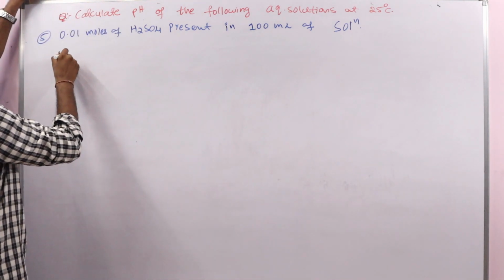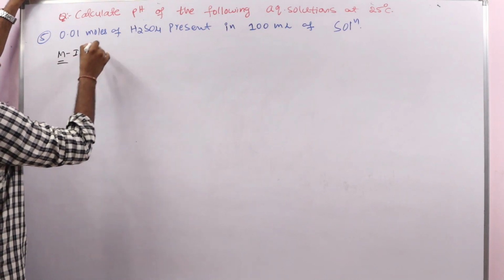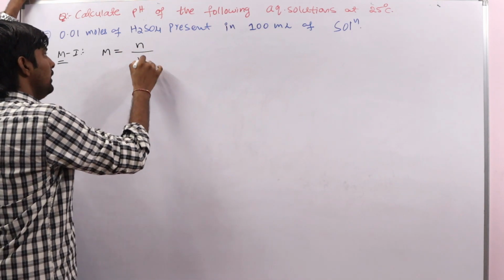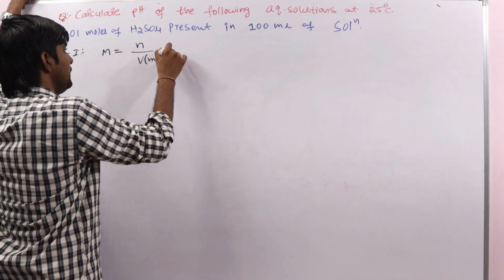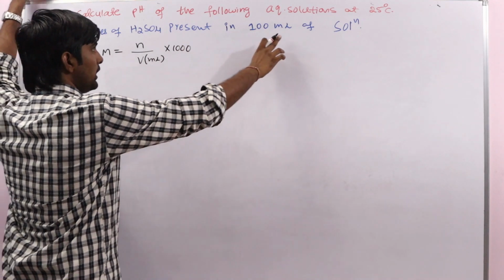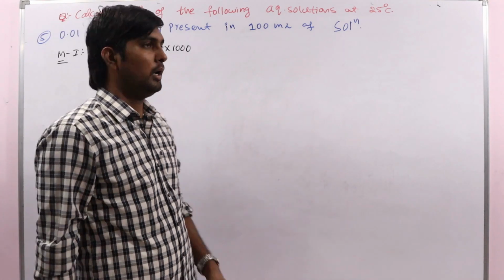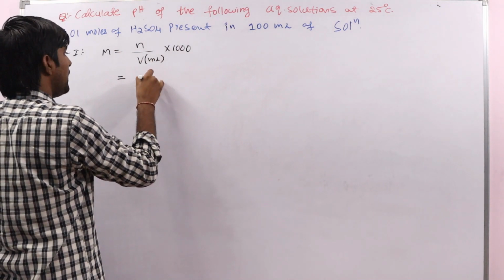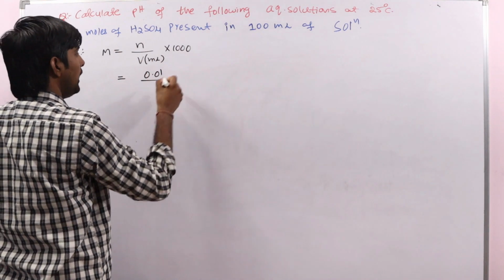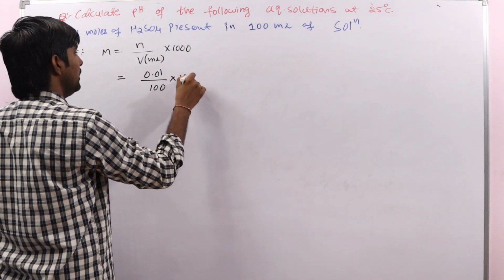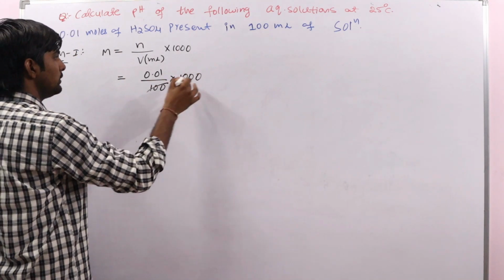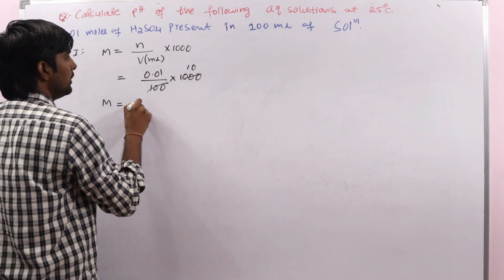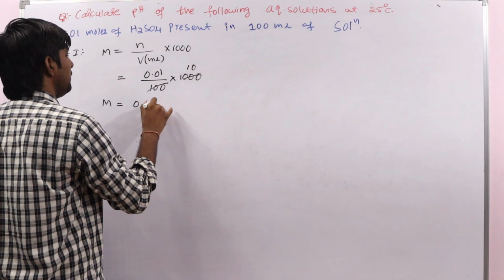Method 1. Molarity is equal to number of moles by volume in milliliters into 1000, because volume is given in milliliters. If you substitute the number of moles 0.01 by volume 100 into 1000, molarity is equal to 0.1 molar.